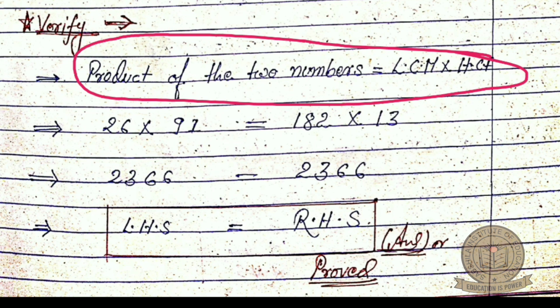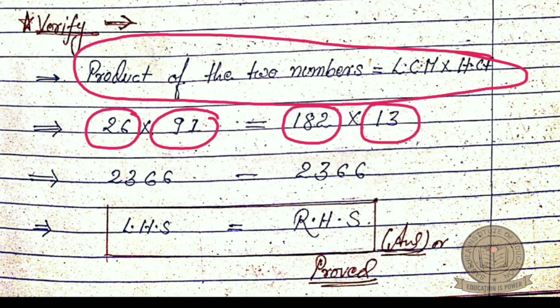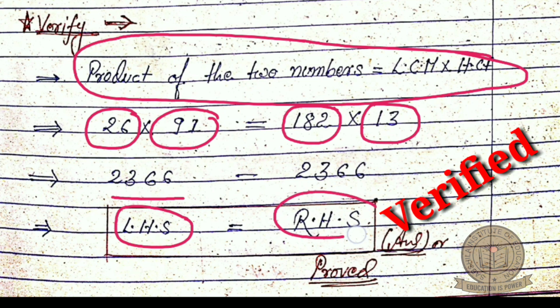The first number is 26 and the second number is 91, and the LCM we have is 182, and HCF is 13. If you multiply 26 into 91, then you will get 2366, and if you multiply 182 into 13, then you will get 2366. So LHS is equal to RHS. So we have to write here verified.